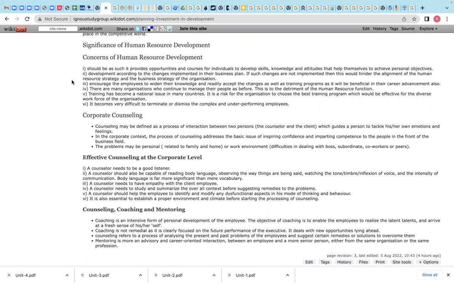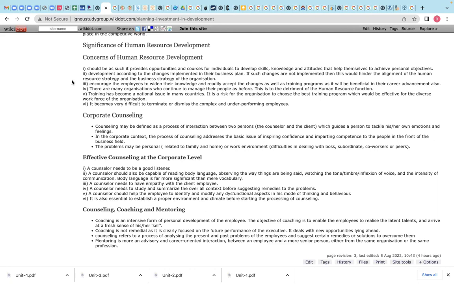Fourth, a lot of organizations don't care about all these new ways of strategy, alignment, all those things. This is hampering the overall HR development strategy altogether. So not worrying about newer strategies is a problem. That is the fourth point. Fifth point is you have a lot of national issues.